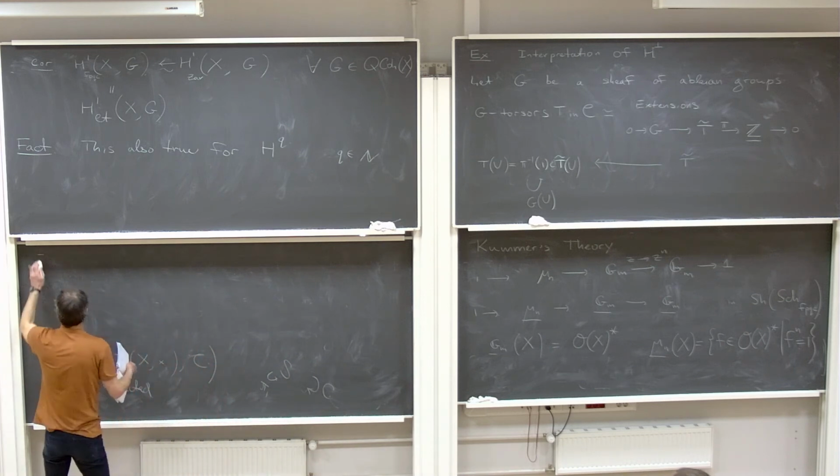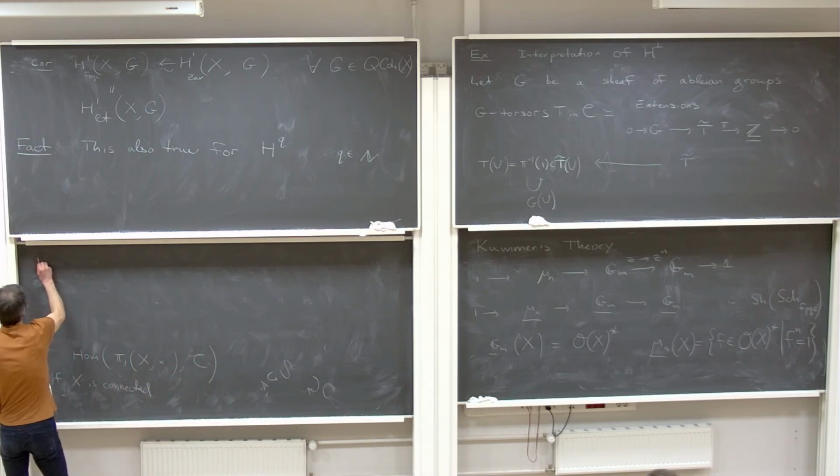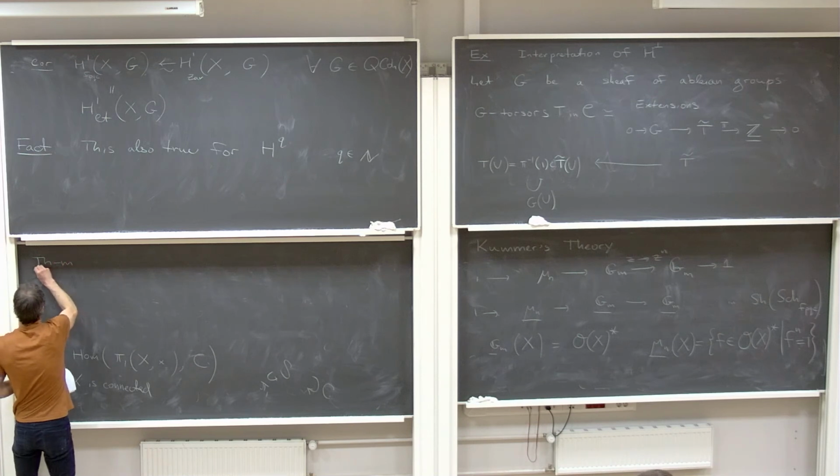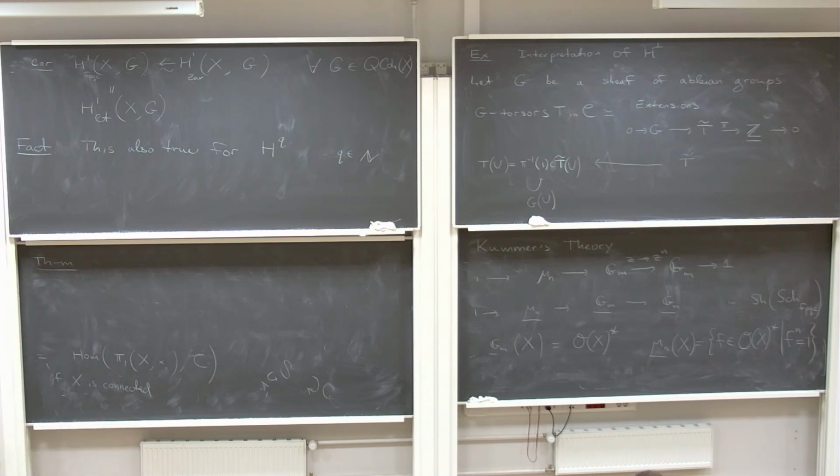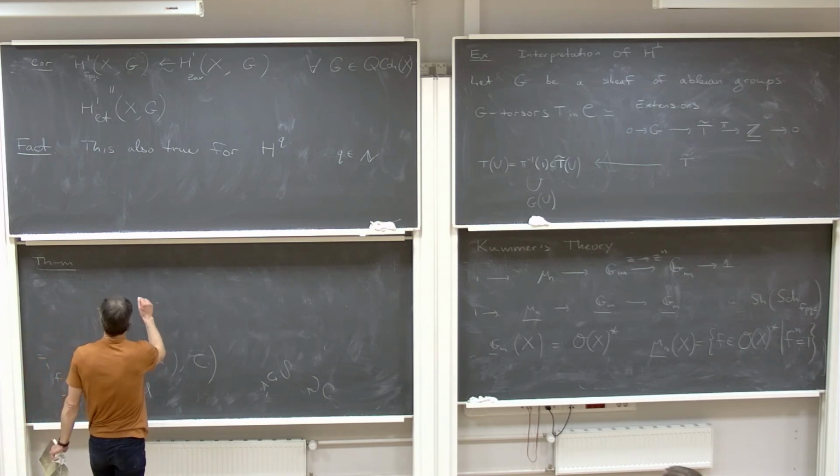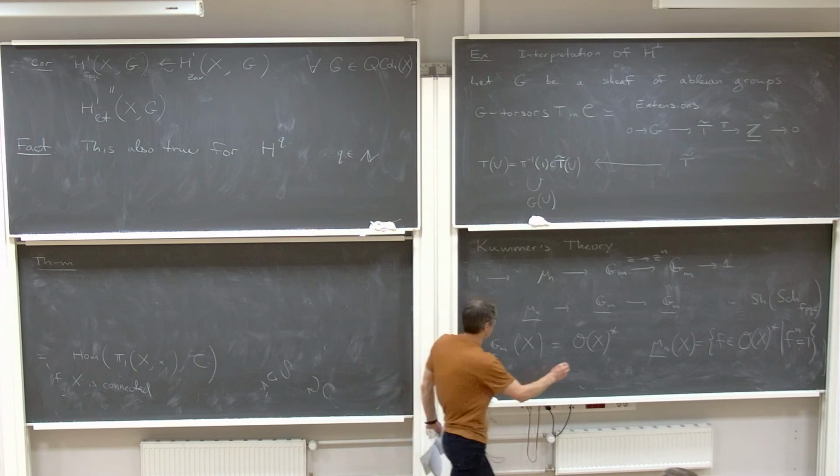So, a theorem. This is an easy theorem, but it's very important because it's behind all the computations that we will make in this course. So let's give a name to this sequence.